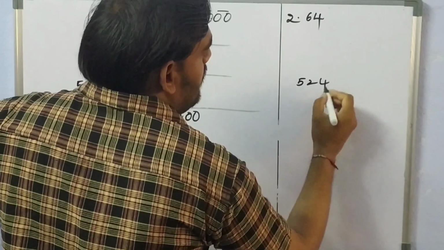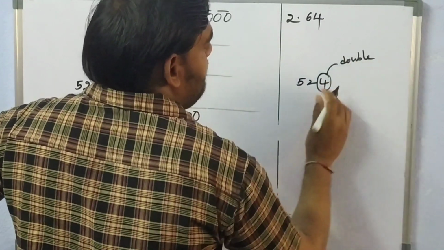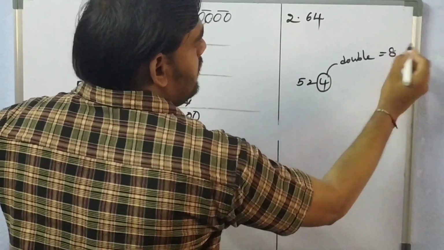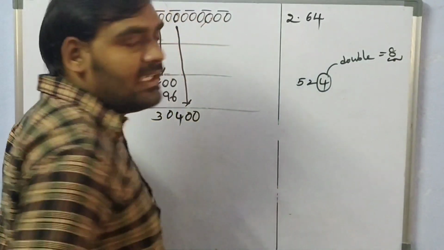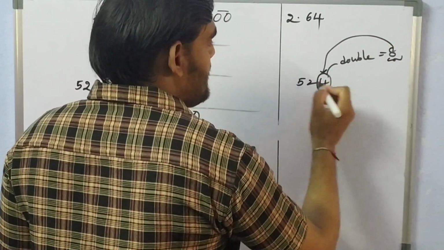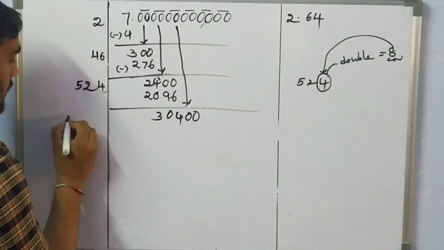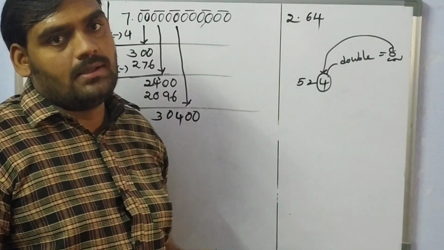See this 524. We must double the 4. When we double 4, what will you get? You will get 8. So here, only a single digit we got as result. So we have to keep it in place of 4. At that time, this will be 528.